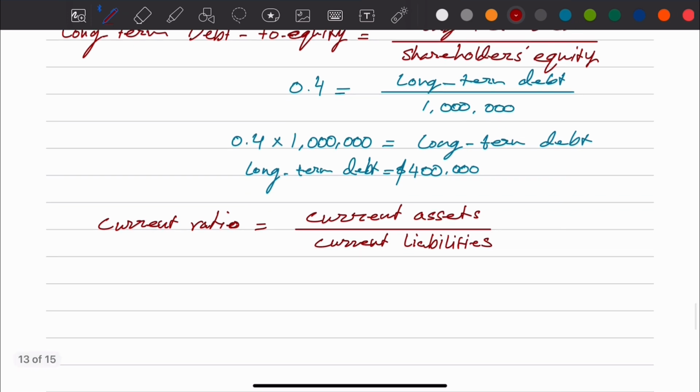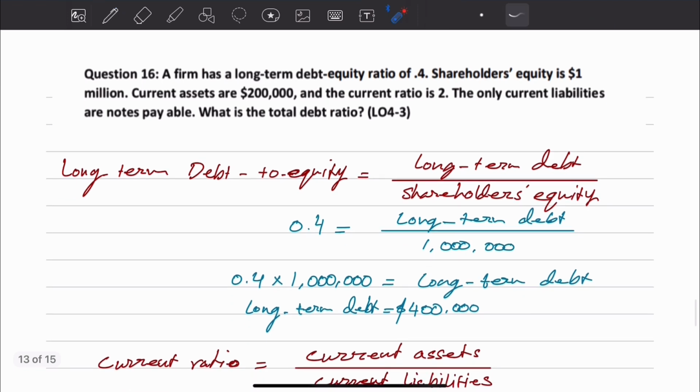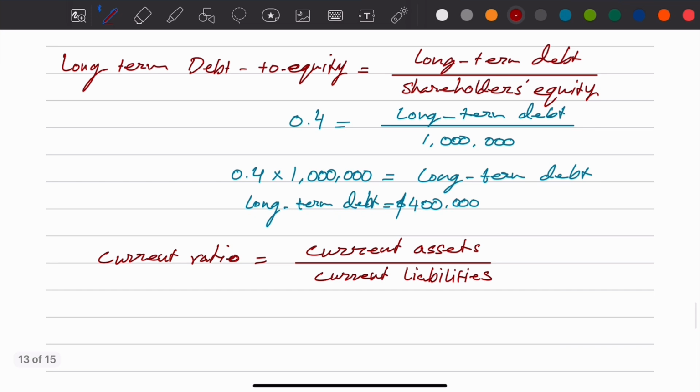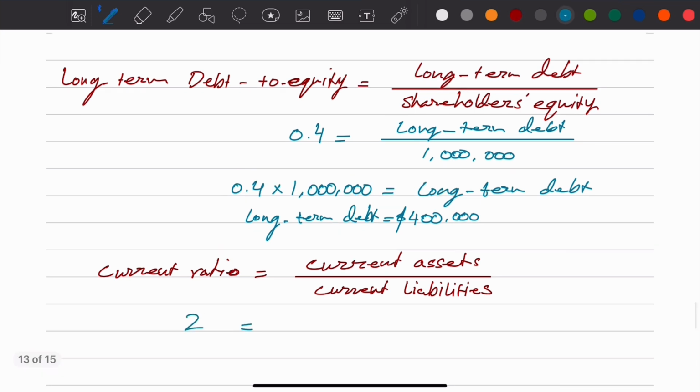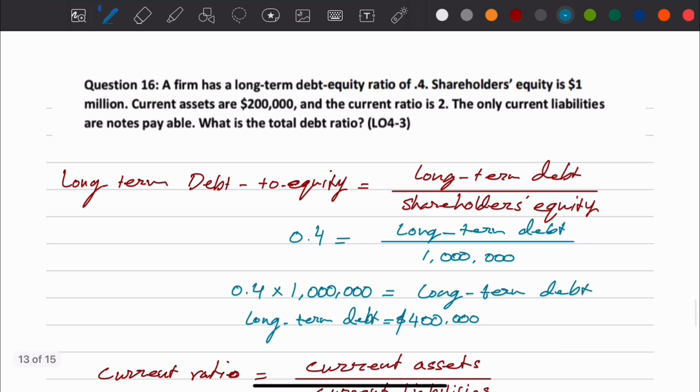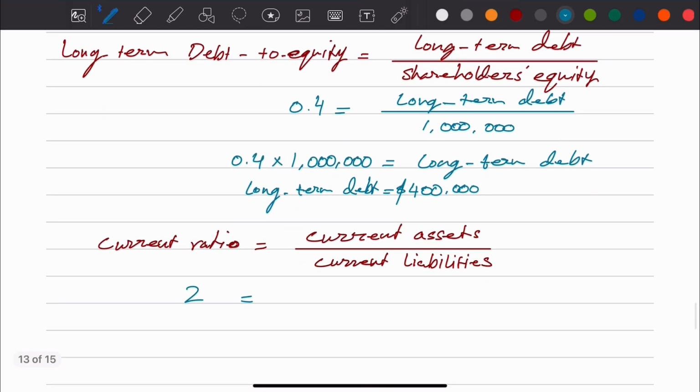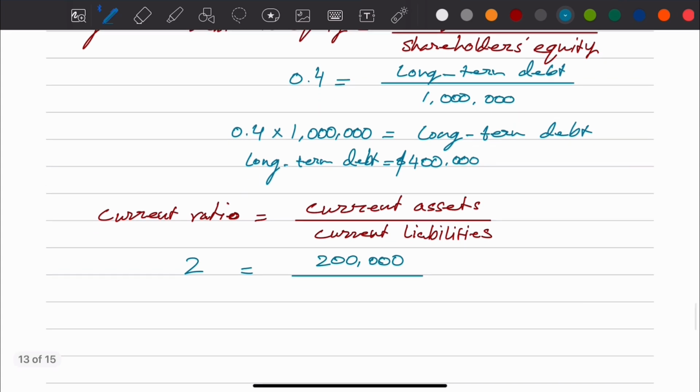The current ratio is given to us here, 2. So I'll substitute here with 2, and the current assets are $200,000. So $200,000 here at the top. I still need to know the current liabilities.